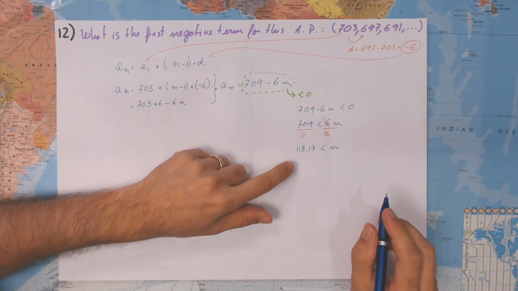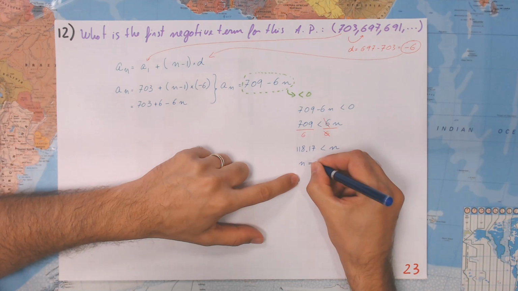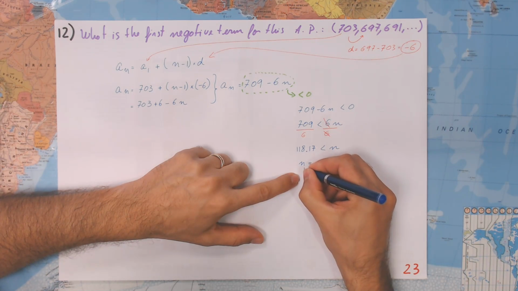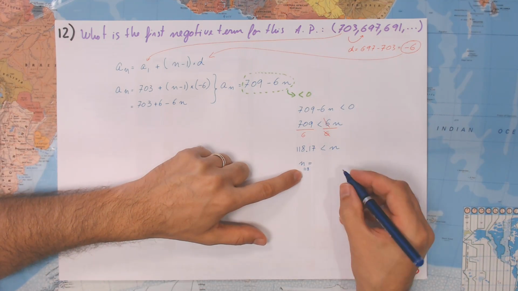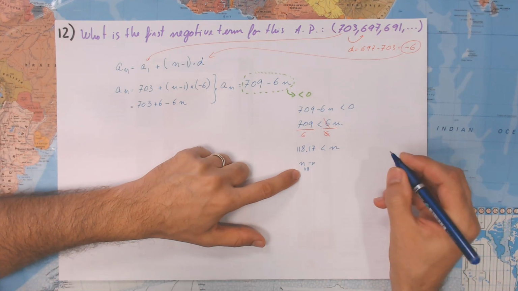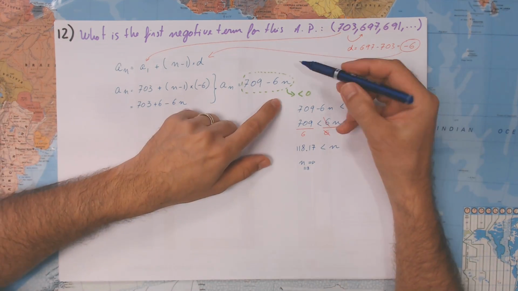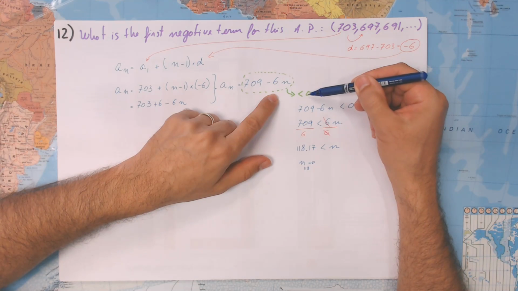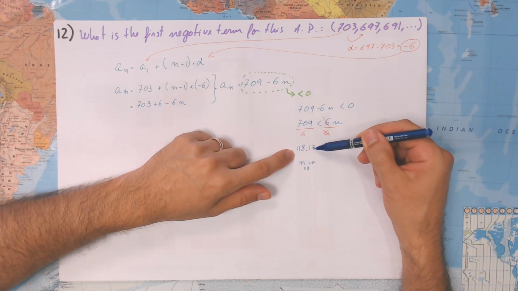It means that if we have n equals 118, this is going to yield what? For this to be negative, n must be bigger than 118.2.